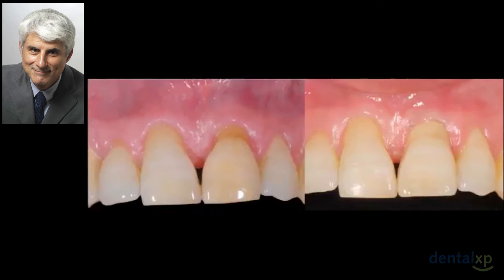But of course, talking about aesthetics, we also have to talk about other aspects. For example, the mucogingival line, in this case, is stable from before to after. And also the papillae were stable from before to after.